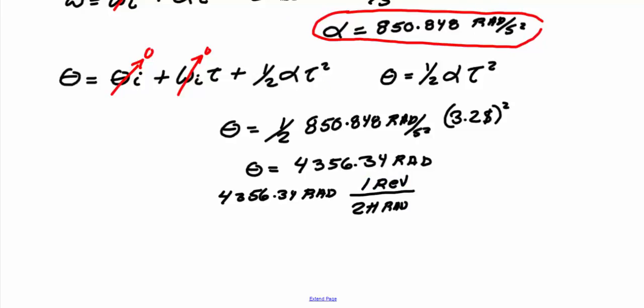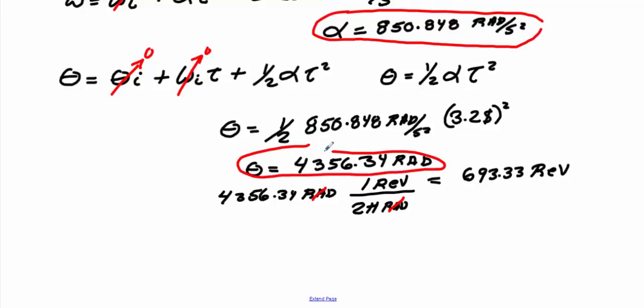If we do that multiplication, you notice that our radians here will cancel out. That'll give us our units in revolutions. And we do that, we will get 693.33 revolutions. Alright, so that's those 2 answers. That will be our answer in radians, and that'll be our answer in revolutions.